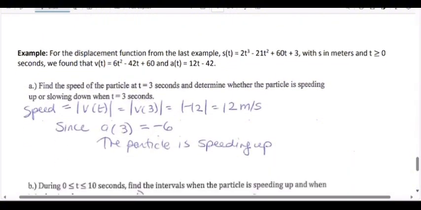So you see, acceleration is -6, velocity initially is -12. So they have the same sign. When the acceleration and velocity have the same sign, the particle is speeding up. But when they have different signs, it's slowing down.